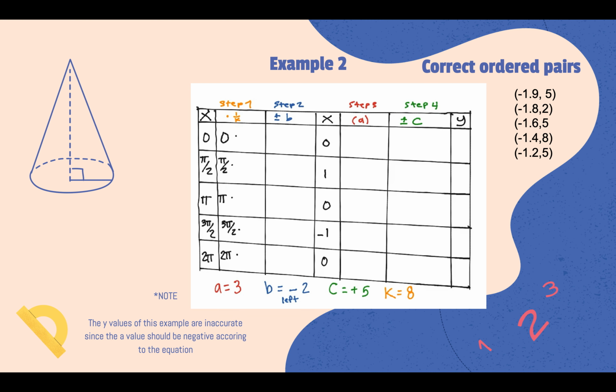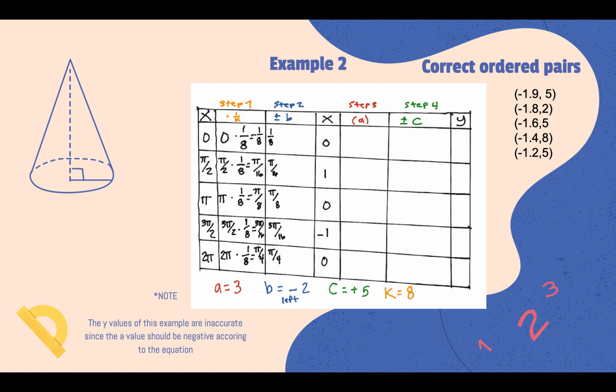So since we have found all of our transformations, we'll jump right into finding our ordered pairs. And of course, we're going to start with that first step, which is multiplying our original x values by 1 over k, or in our case, it's going to be 1 over pi over 4, and that is the k we got from our period function.